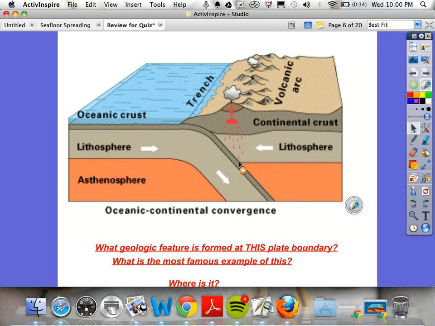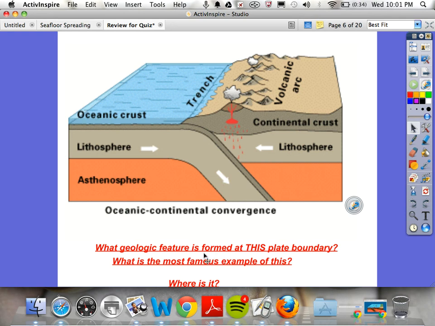When it subducts, a great amount of heat is involved and water heats up and gases heat up, and that creates less dense magma that rises up to the surface in the form of volcanic mountains. So the geologic feature formed at this plate boundary is a volcanic mountain.